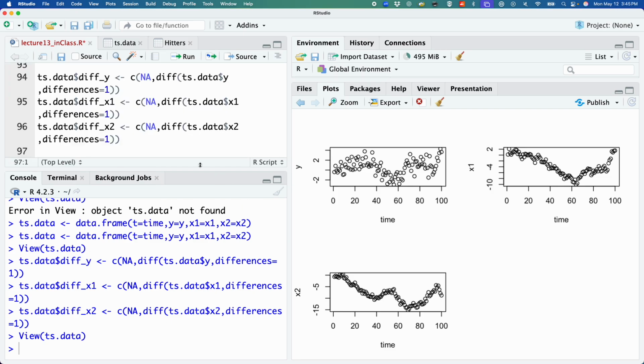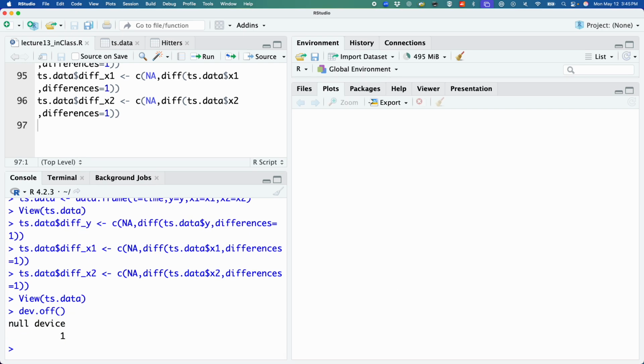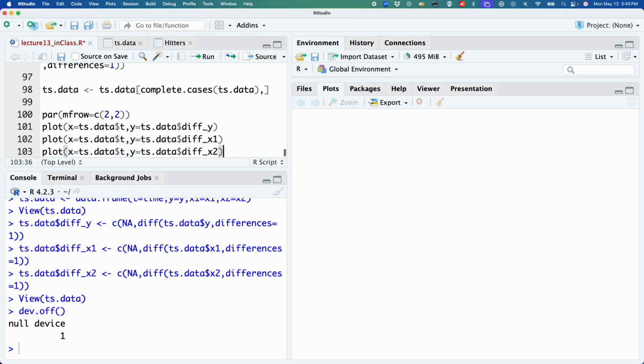So let's actually graph those plots. So these ones are the ones that are not differenced and do not have stationarity. And we're going to see how that compares. I'm just going to copy and paste this.